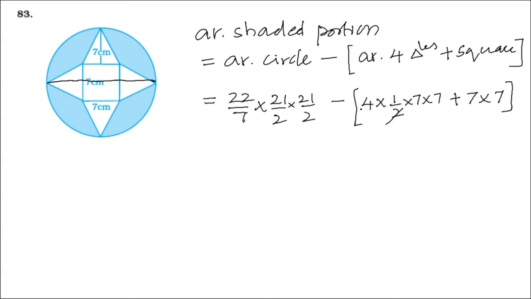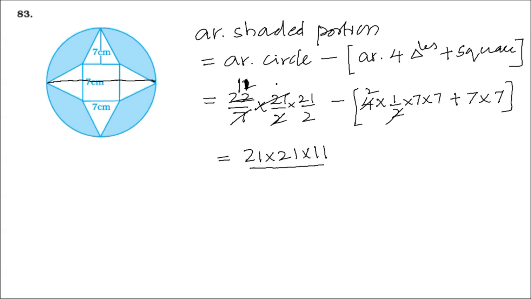Let's simplify this. This is 2 times. This is again 2 times. So, sorry, 2 11 times. So we get 21 into 21 into 11 divided by, oh, we can simplify this.